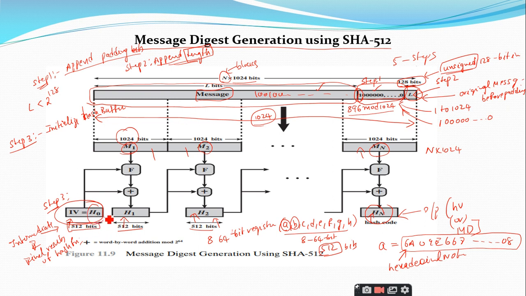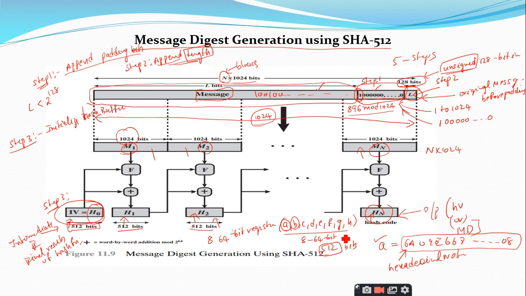Initially we have this H0, which is the initial buffer value. This initial buffer value will have some default values. This is the value that I have given for A. Like that, all these 8 64-bit registers will have some default values.